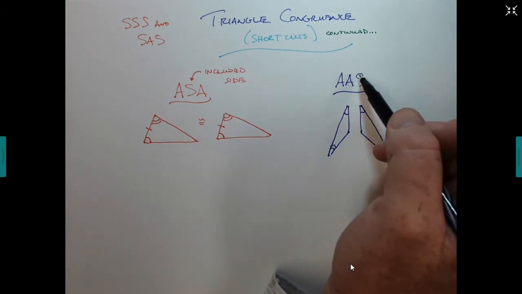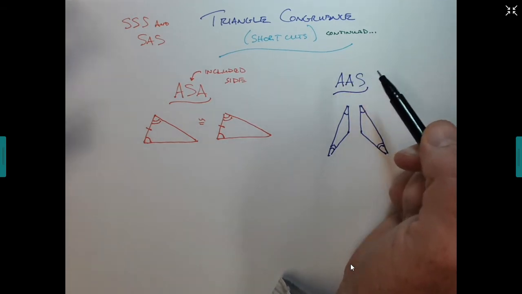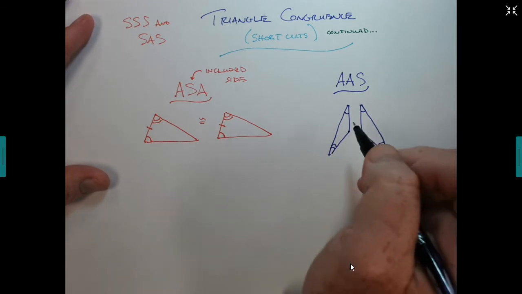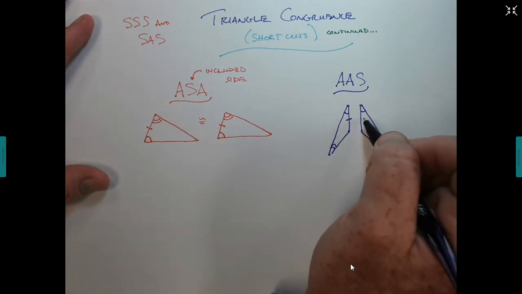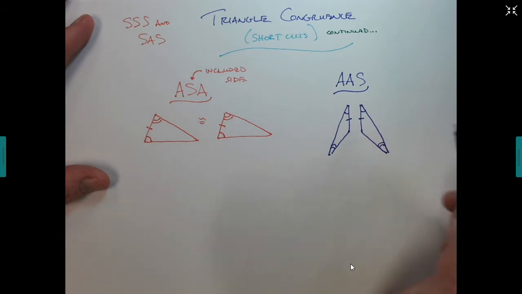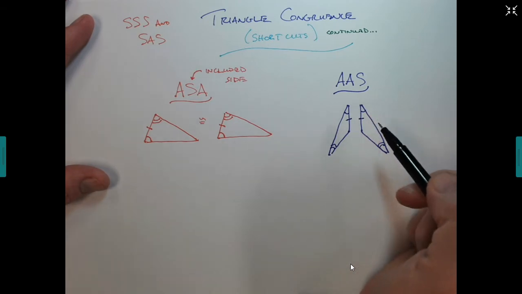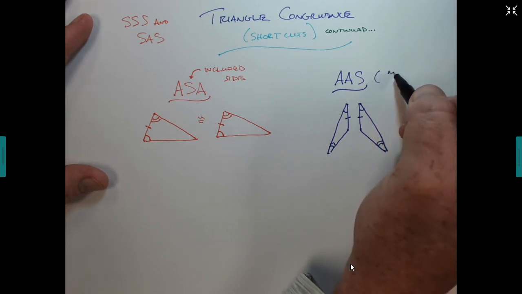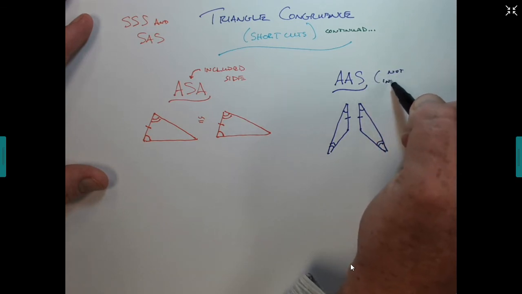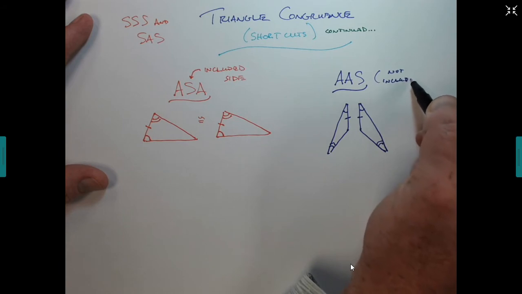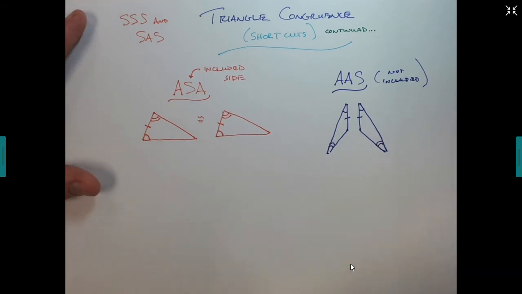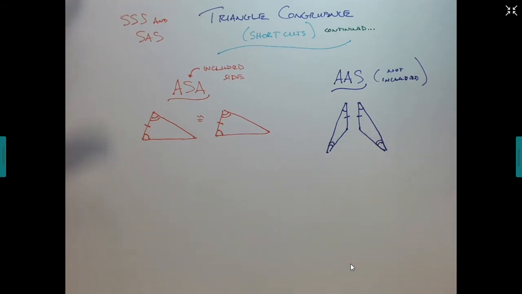But we don't want the included side on this problem. So as long as we have either of the other 2 sides, let's just say this side is congruent to its corresponding one, we have 2 angles and a non-included side. If we have this much information, we're guaranteed congruence.